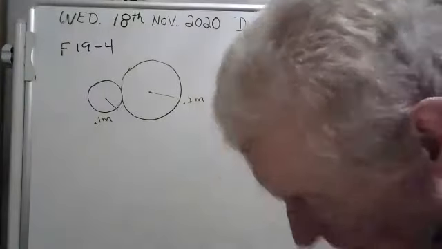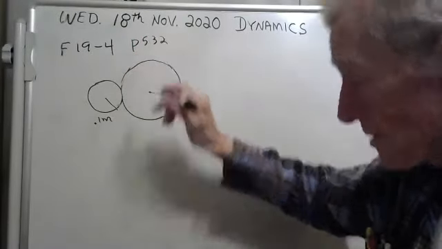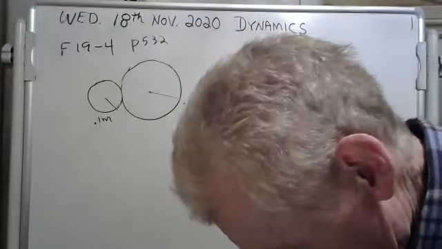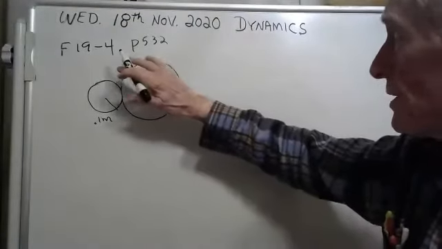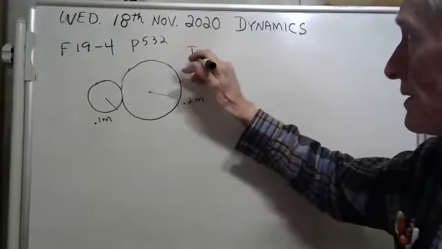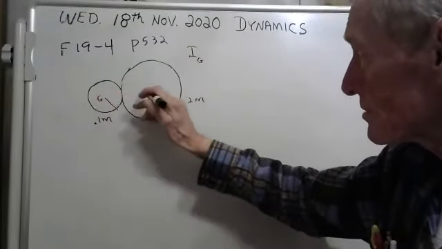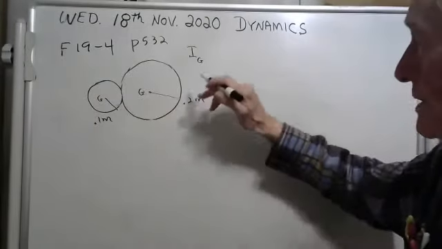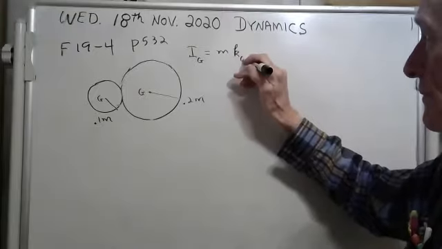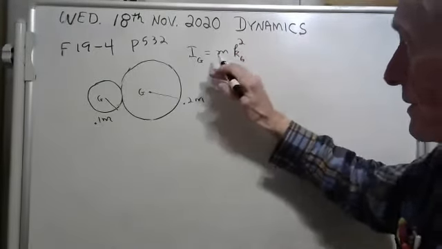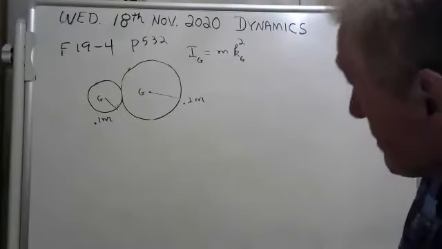I am on page 532. And we're going to get the moment of inertia for each one. Now, you know the equation goes like this. The moment of inertia, they both have G's. They're different. The G is the center of gravity. This is equal to the mass times the radius of gyration squared.